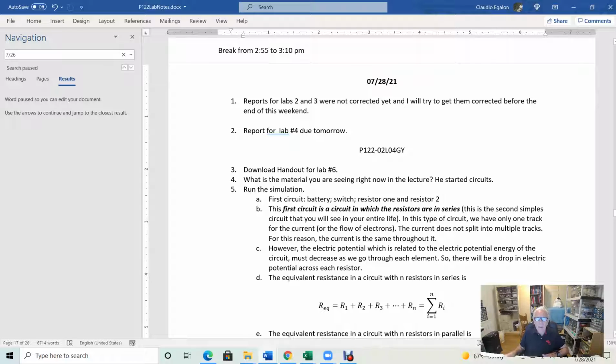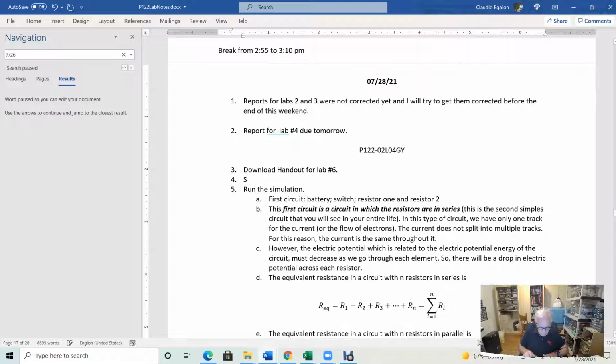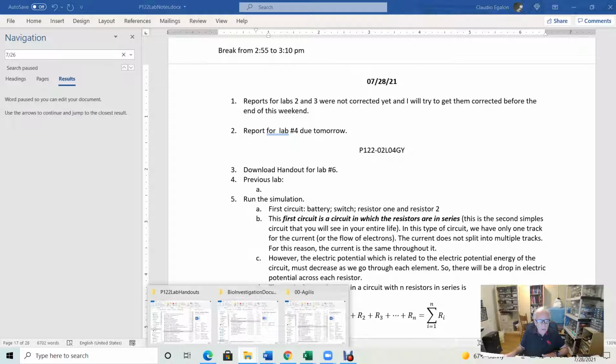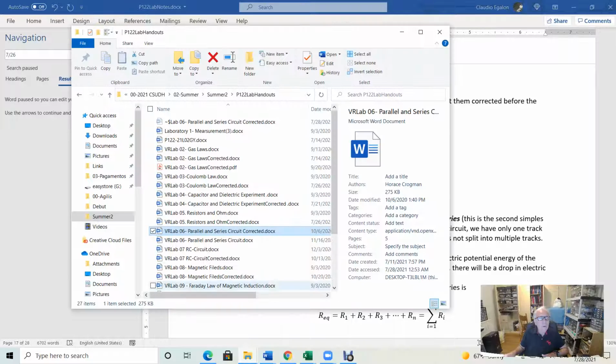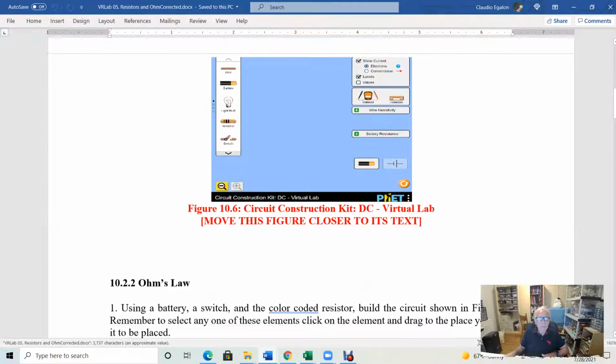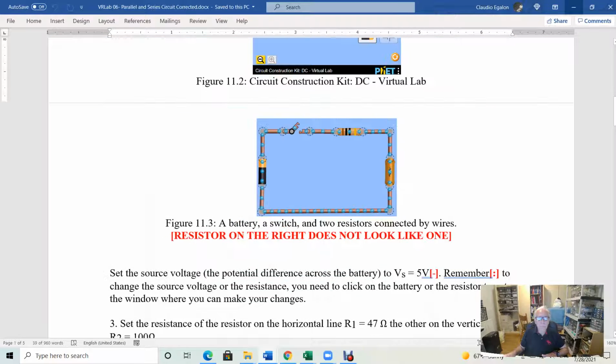What's the material you're seeing right now in the lecture? Run the simulation, right? Background, previous lab. Let's take a look at the previous lab, which was number 5. That was the simplest of all circuits you are going to see in your life.